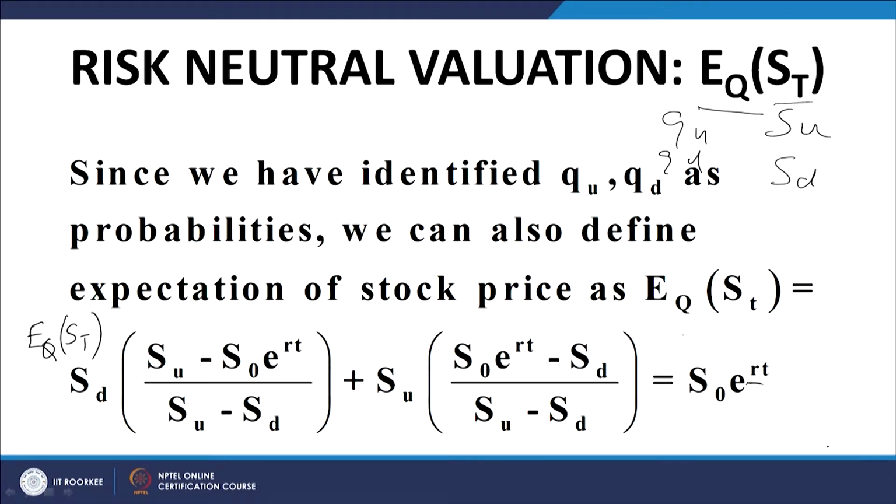If R is assumed to be constant for all the investors, that means all the investors are accepting the same return. And if all the investors are accepting the same return, it can mean only one thing, that they are indifferent to risk. Stock price is a risky asset and still you are accepting a risk free return.